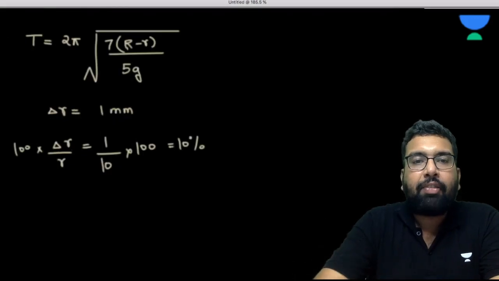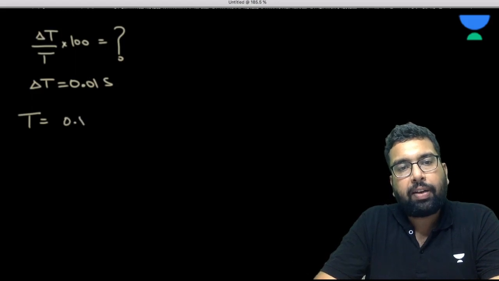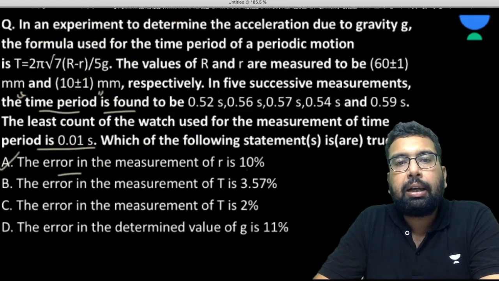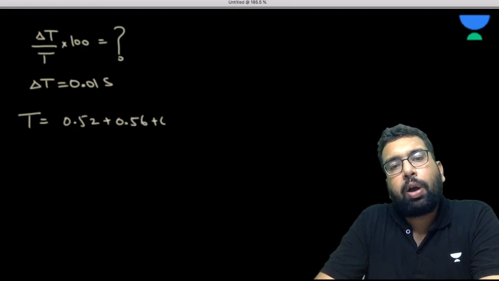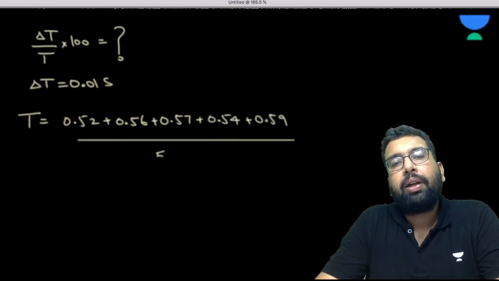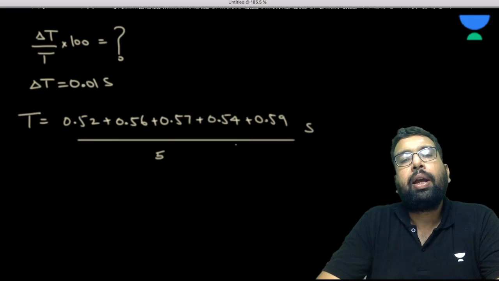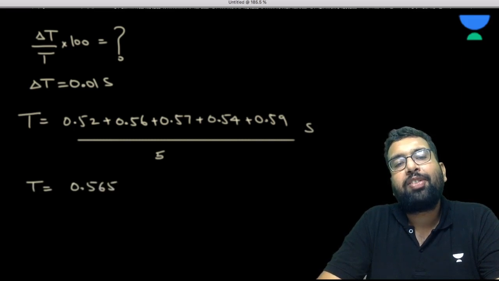So we have 0.52 plus 0.56 plus 0.57 plus 0.54 plus 0.59, divided by 5 seconds. Now from here, what T are we getting?